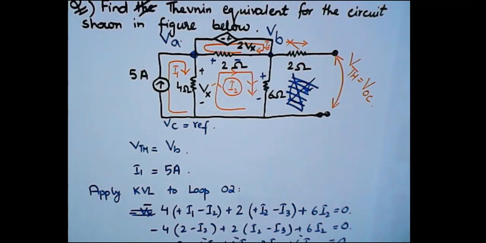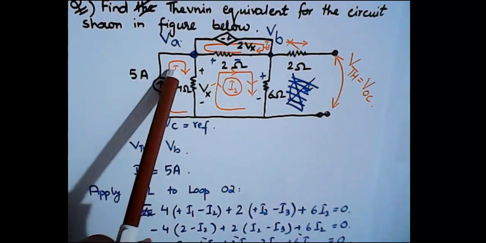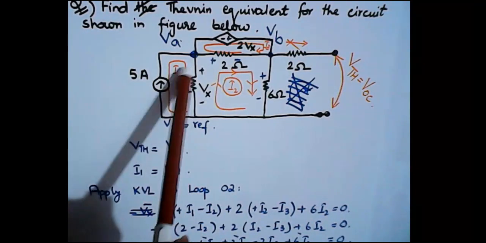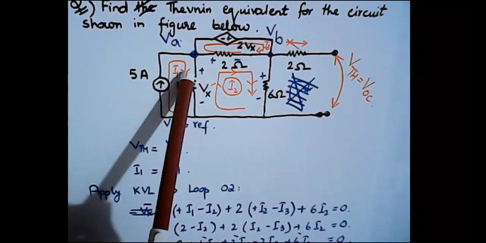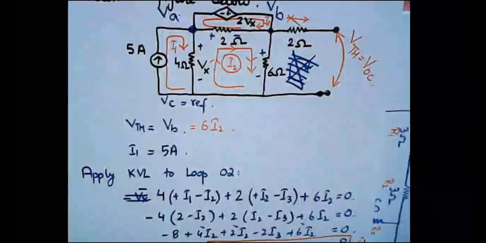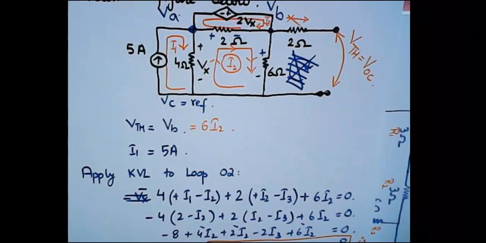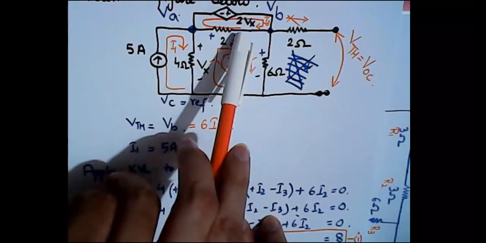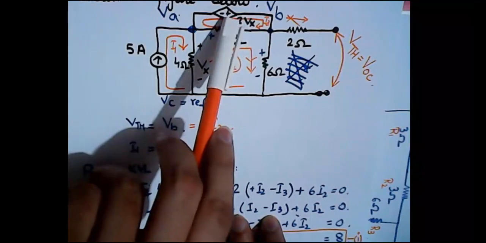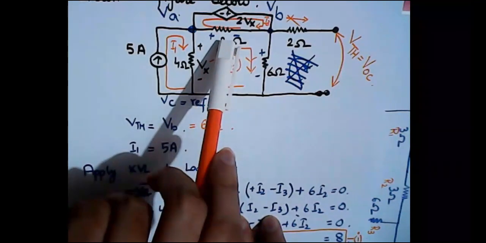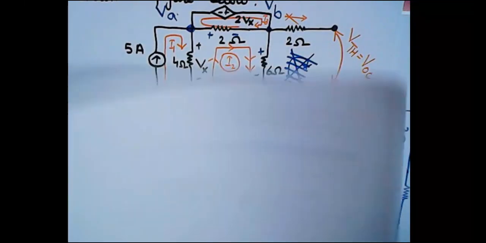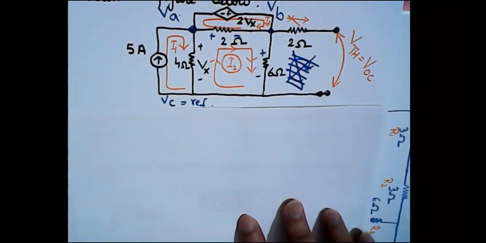Here Vx is the voltage across this 4 ohm resistance. Note that we have another loop in the system, loop number 3, and it consists of only two branches, the 2Vx branch and this 2 ohms branch, right? So we need to apply KVL at this loop also.